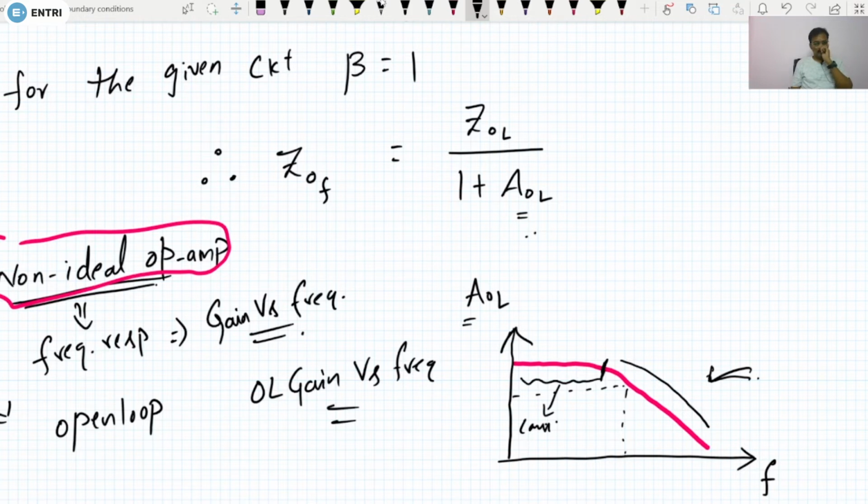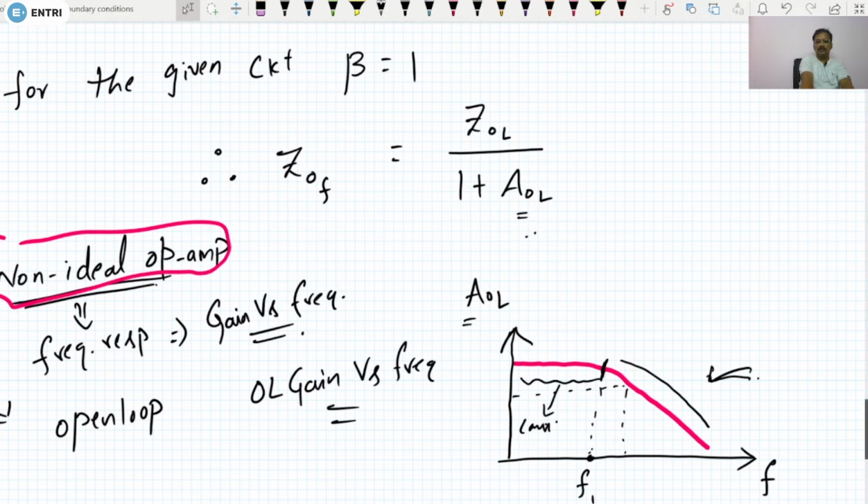So up to some frequency, let us say f1, the gain is constant. After f1 the gain is decreasing, and finally as f tends to infinity, this will become 0. That is the frequency response of AOL.